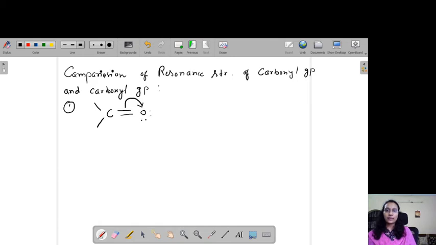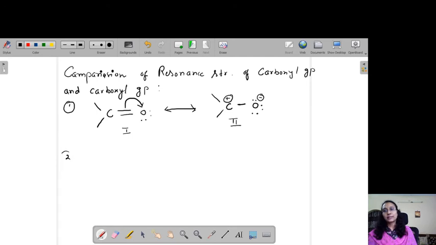If it is like this, then the resonance structure 2 will be like single bond O. This will carry a partial negative charge along with 3 lone pairs of electrons, and because of this there will be development of partial positive charge on the head of the carbon. This is structure number 1, this is structure number 2.